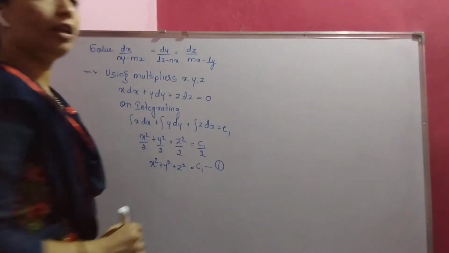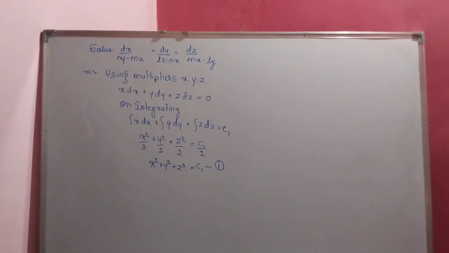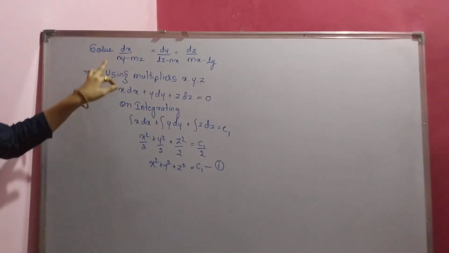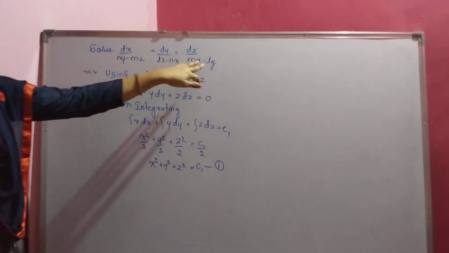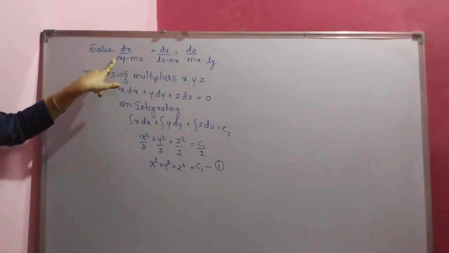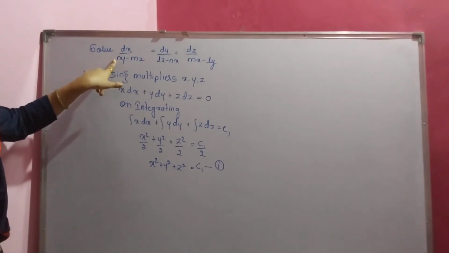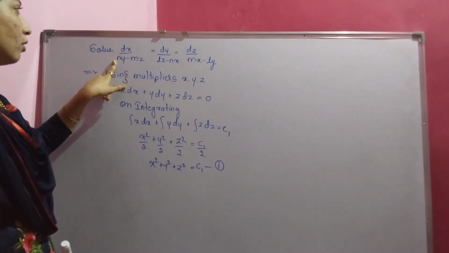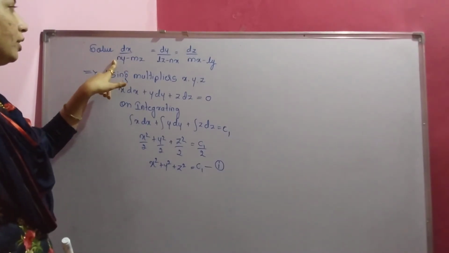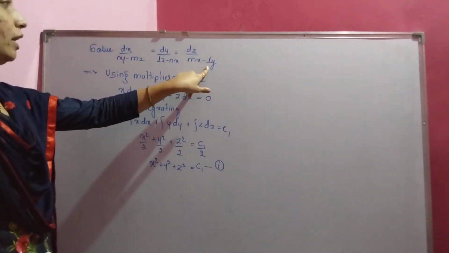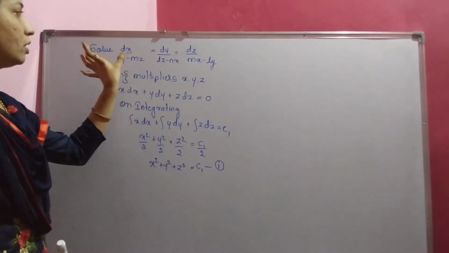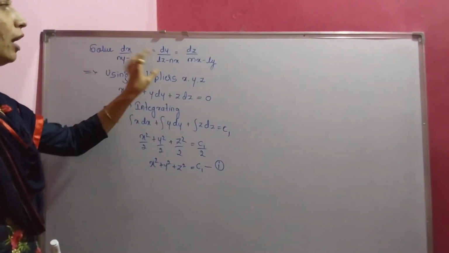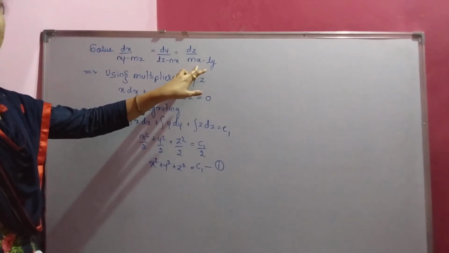To find the second equation, again we have to use the multipliers l, m, n. If I multiply this term by l, it is lny, and here it is minus lny, because this term is multiplied by l, and this is m and this will be n.